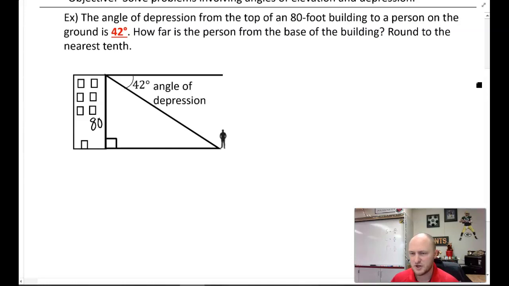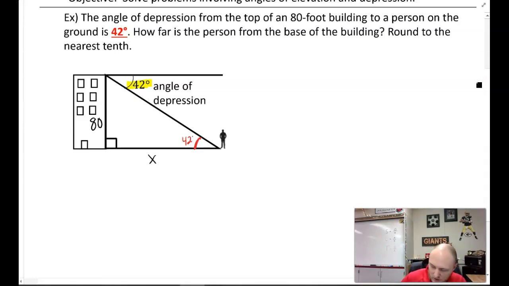And then the angle of depression is 42 degrees. Well, again, when they give you the angle of depression, they're really giving you this angle right here. So this is 42 degrees. Okay, and how far is the person from the base of the building? So I want to solve for this distance here.